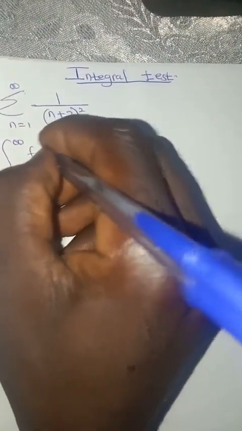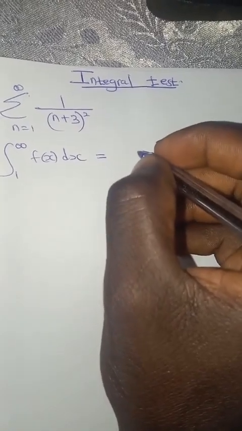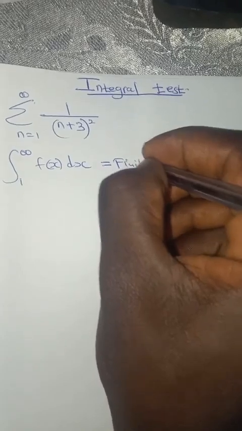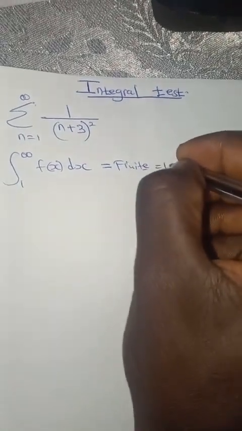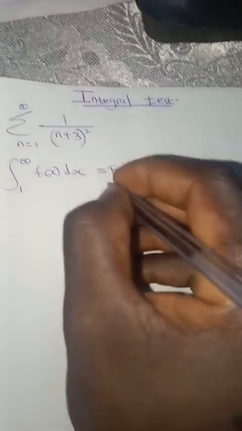Using the integral test, the series will diverge or converge depending on the integral from 1 to infinity of f(x) dx. If this integral gives us a finite number, for example 1, 2, 10, or let us call it n, then it is converging.